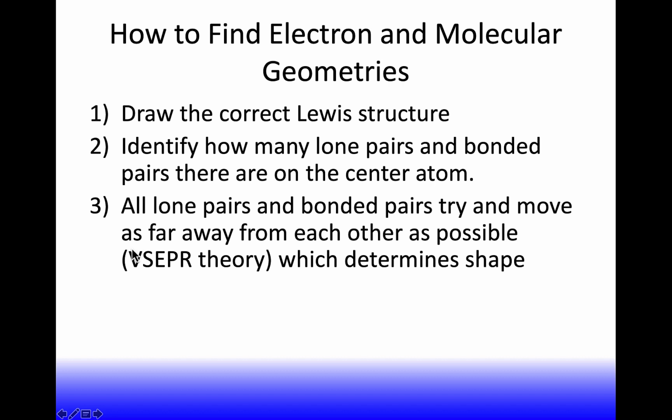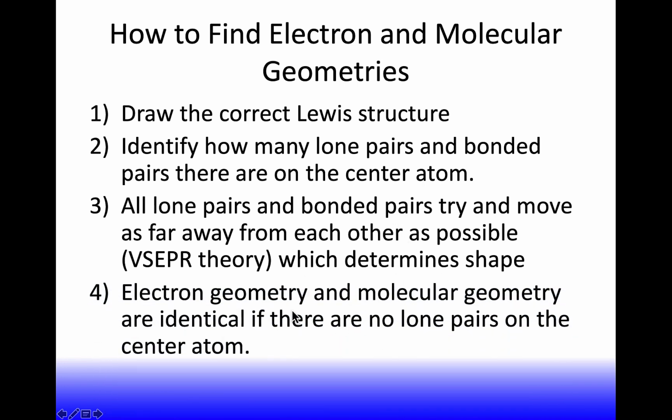That's what valence shell electron pair repulsion theory states. And by moving as far away as possible, that's going to determine the shape. The electron geometry and molecular geometry are identical if there's no lone pairs on the center atom. If the center atom has lone pairs, they will not be identical. Okay?